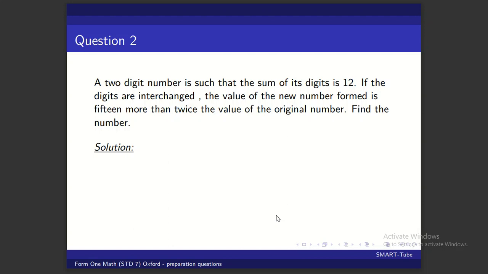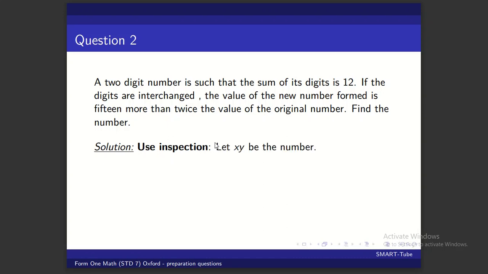The second question says a 2-digit number has the sum of its digits equal to 12. This is one condition. If the digits are interchanged, I mean the positions are interchanged, the value of the new number formed is 15 more than twice the value of the original number. Let's rewrite this mathematically. I always use variables to make things easy.